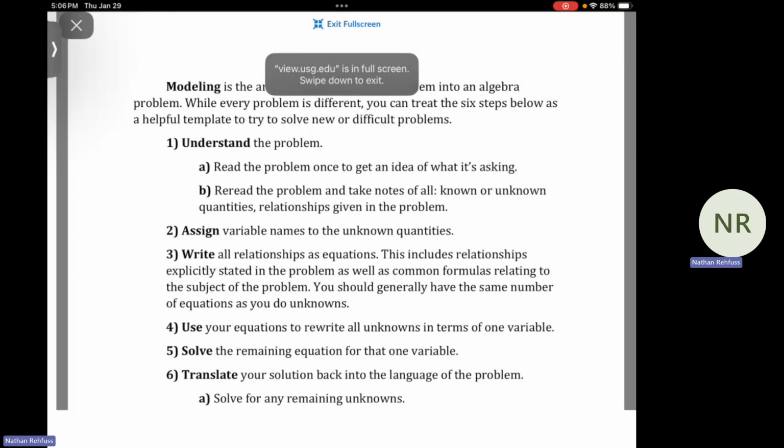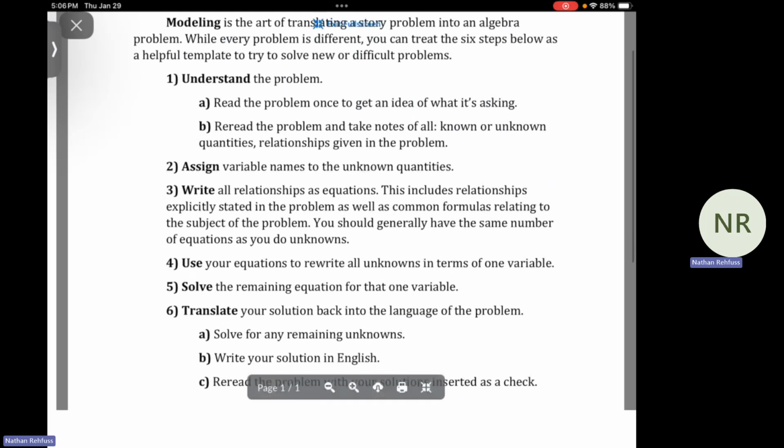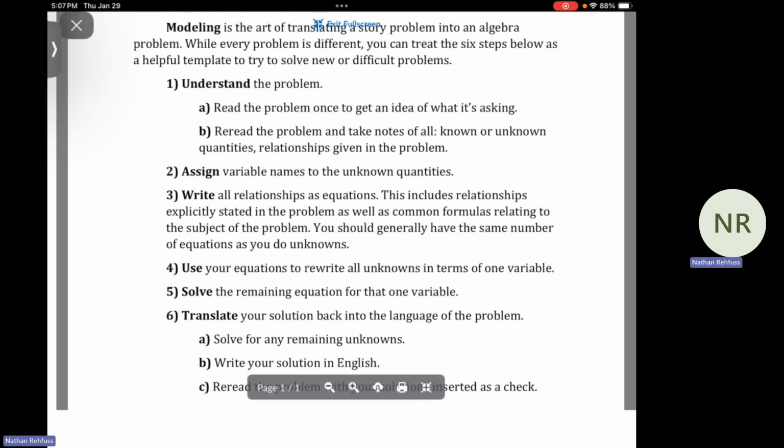While every problem is different, you can treat the 6 steps below as a helpful template to help try to solve new or difficult problems. So again, this is to try to give you a foothold in these problems. What can I do to break a word problem into parts instead of staring at an empty page? So I'd like you to pause the video, go to your Course Den, and open up this document.